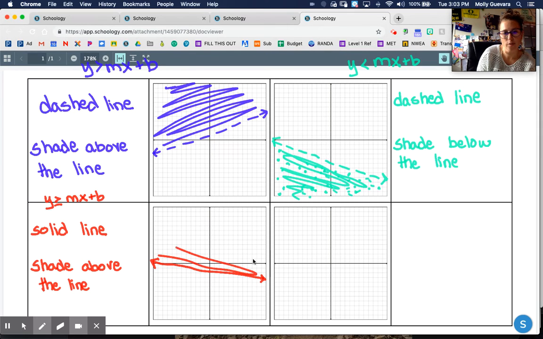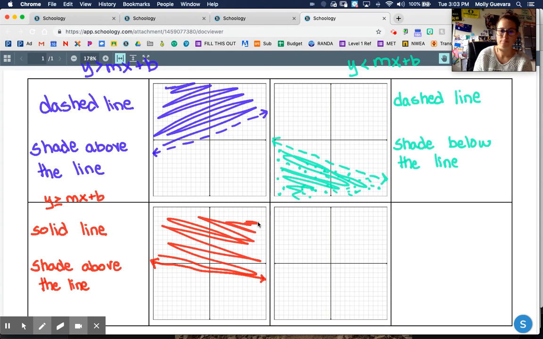So we're looking here. Okay. And then the last one was y is less than or equal to mx plus b. So again, it's going to be a solid line because I'm allowed to equal. I just remember if it has a solid line underneath, if it has the equal to, then it's a solid line.